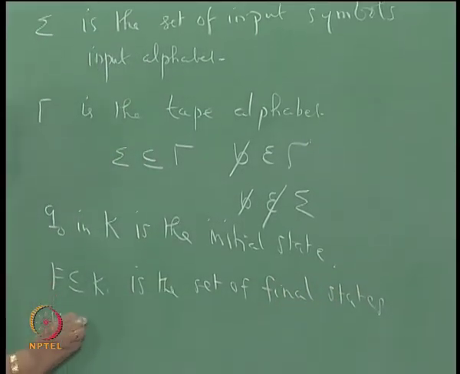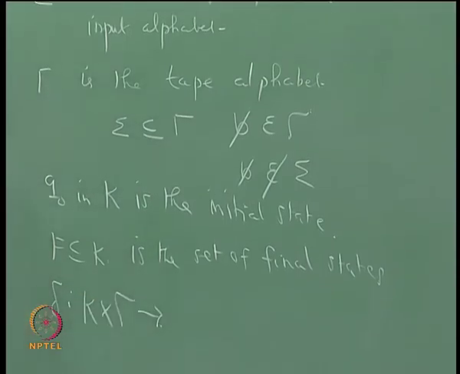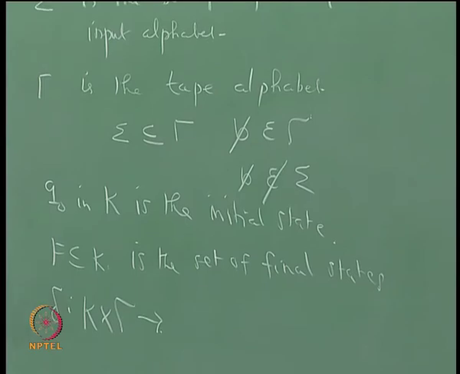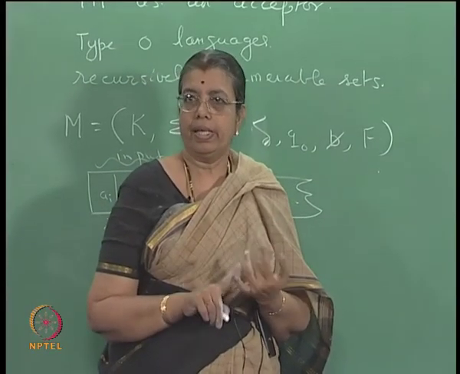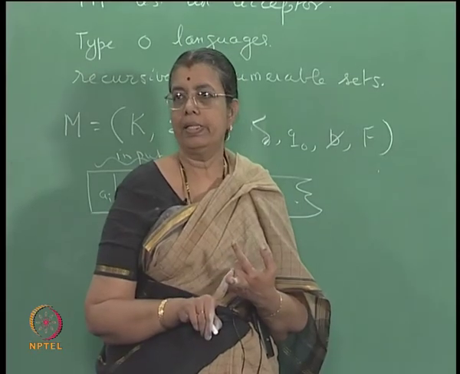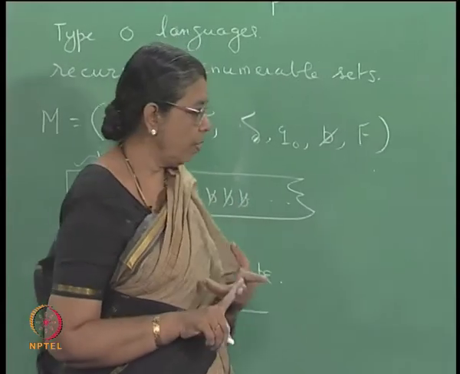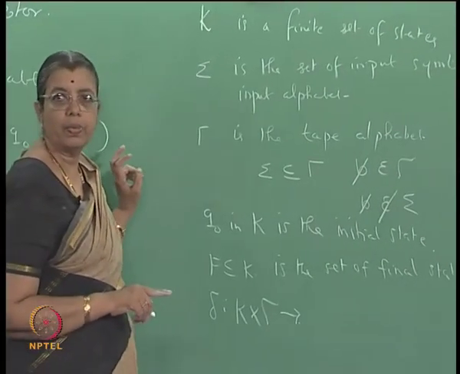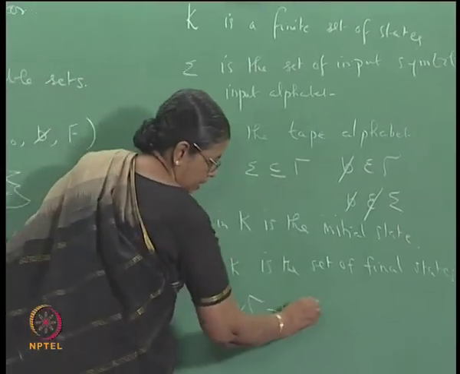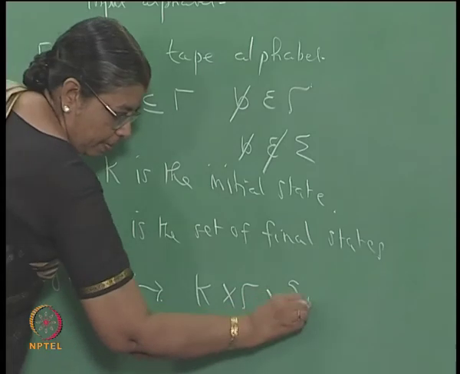Delta is a mapping from K cross gamma into, tell me, depending on Q and the symbol read, the state is changed, a new symbol is printed and it moves left or right. So, delta is a mapping from K cross gamma into K cross gamma cross {L, R}.